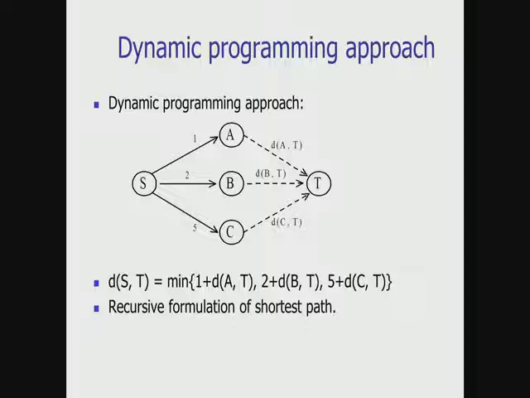Now if we know the shortest path from A to T and the shortest path from B to T and the shortest path from C to T respectively, then adding up the appropriate edge costs from S and then choosing the minimum will very clearly give the shortest path from S to T. Therefore, what we have now observed is that to solve the shortest path problem, we need to solve recursive versions of the shortest path problem from neighboring vertices.